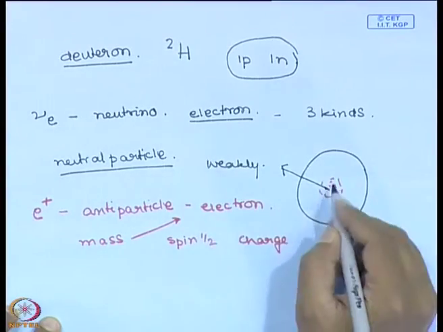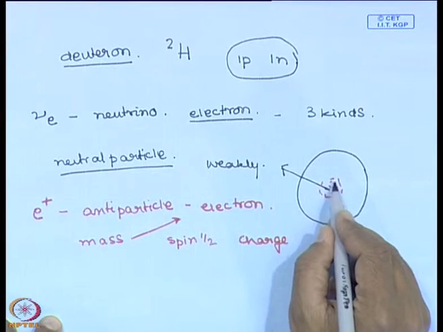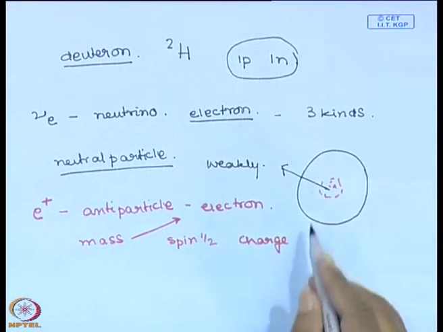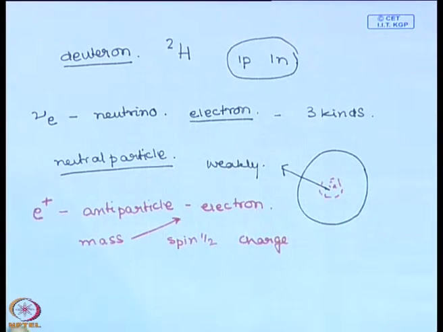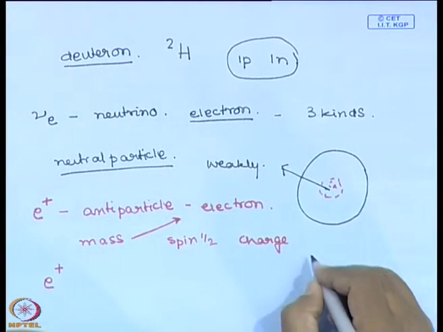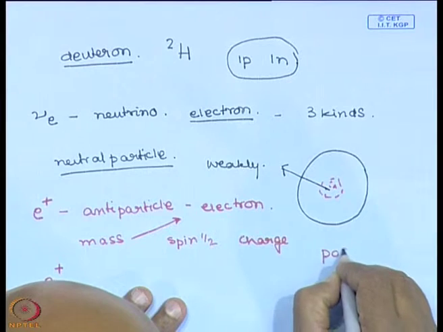And this particle, when it is produced, propagates and interacts with the electrons which are there in the interior of the sun. So, it is ionized inside. This particle is called a positron.